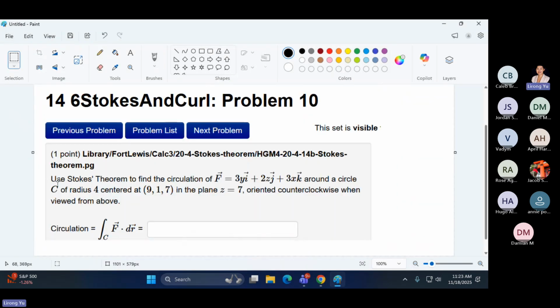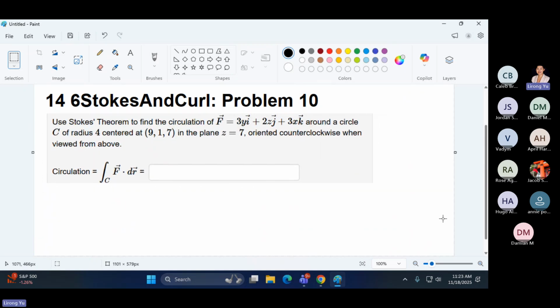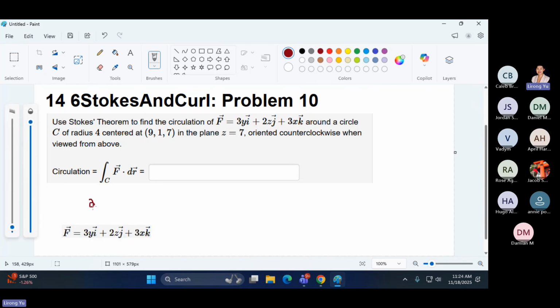Okay, so here we are. Let's see how it looks with the curl. This is our vector. Then we're going to differentiate with respect to dx, dy, dz, but we're not doing a straightforward differentiation. We do a cross product version of it.